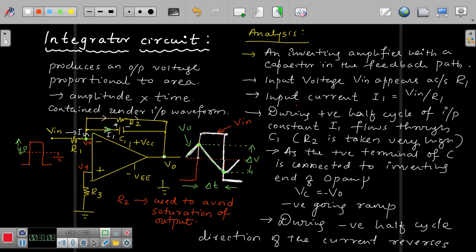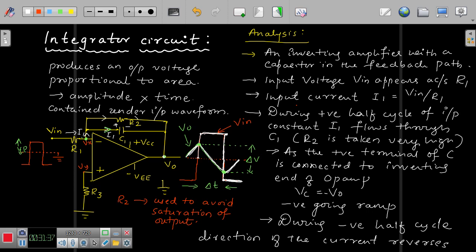If you do not select the supply voltage sufficiently high for the output not to saturate, then the output may go into one of the states, whether it is a logic high or logic low, and it will remain there, right? It will not swing back to the negative side. That is called saturation. In order to avoid saturation, we are using the value of R2.